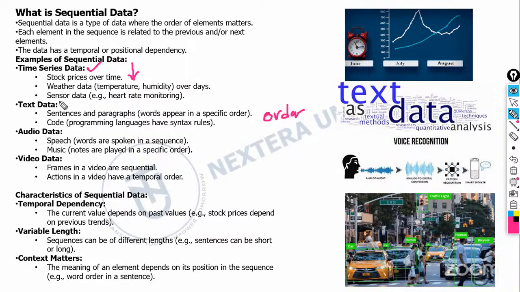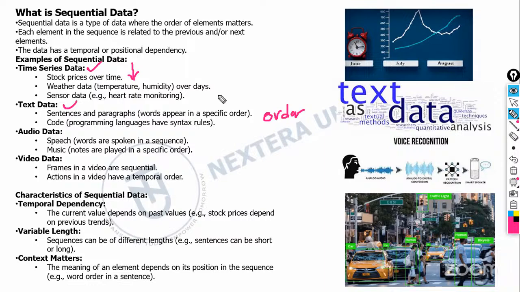Apart from time series data, we have text data. Text data is the best example of sequential data. Each and every word present in a sentence has a meaning only if it is in a specific order.